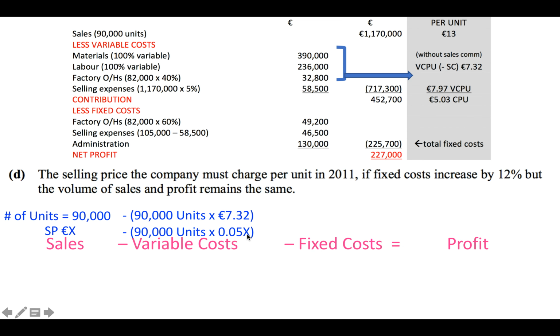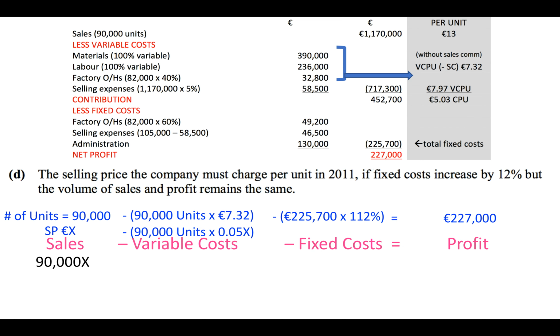So 5% of your X, which is your selling price, multiplied by the 90,000 units. Your fixed costs are going to increase by 12%. So 225,700 by 112%, and that is your fixed cost there. And then your profit is going to stay the same. So there's no change there. So it's staying at the 227,000.